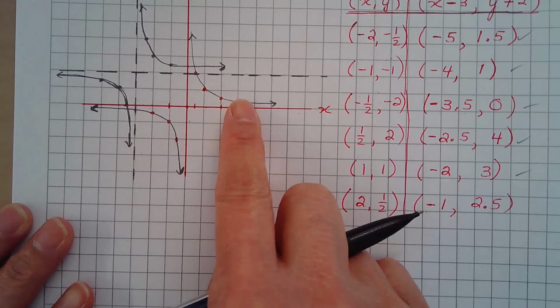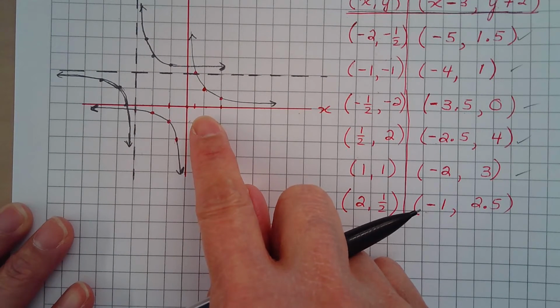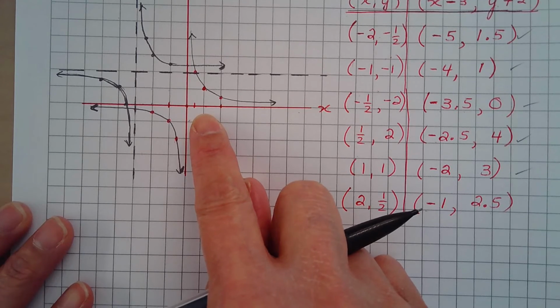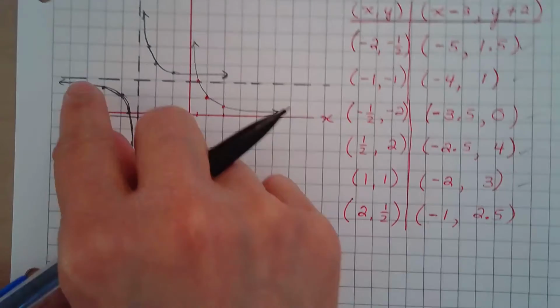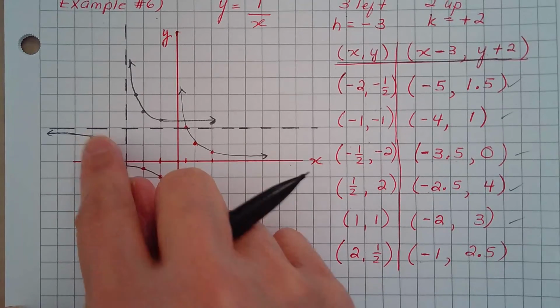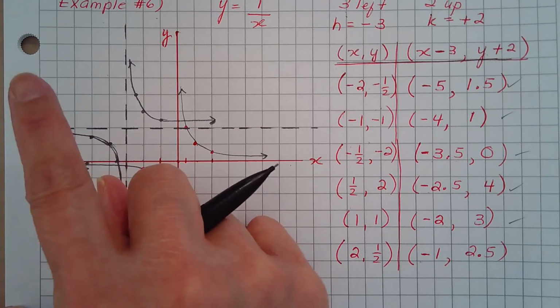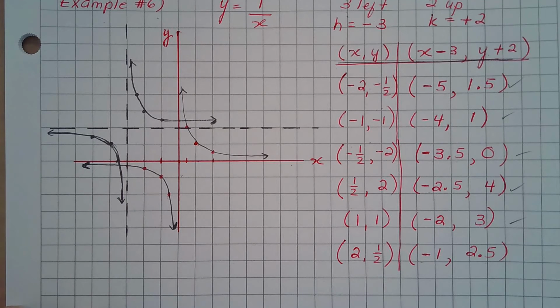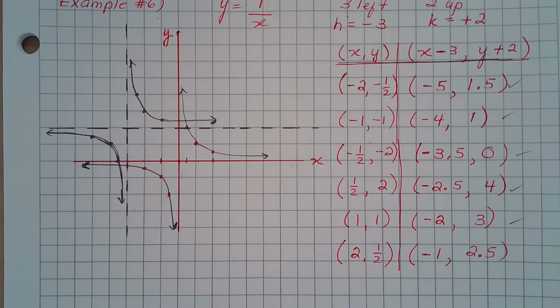The original function, y equals 1 over x. And then we also graphed the second function after we translated it 3 left, 2 up. Okay. So far so good? So it's good to have a visual picture, right? If we do algebra stuff, yeah, we can do algebra, but we can't see, you know, it's good to have an image in our mind.